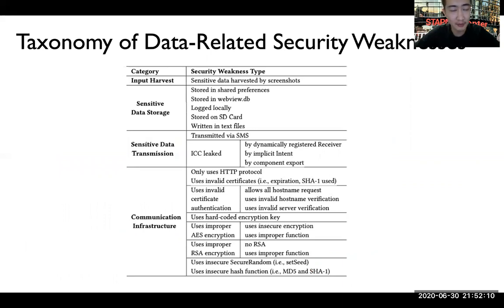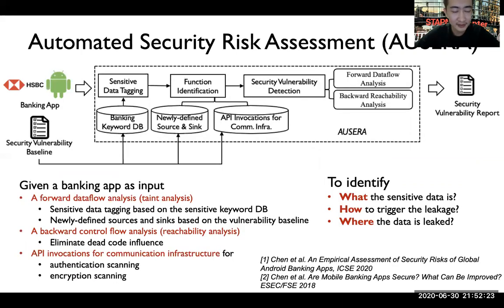Before that, we propose and integrate a taxonomy of data-related security weaknesses, which contains 4 main categories and 22 security weaknesses. By leveraging static program analysis, given a banking app as input, we use a forward data flow analysis to identify what the sensitive data is, how to trigger the leakage, and where the data is leaked.